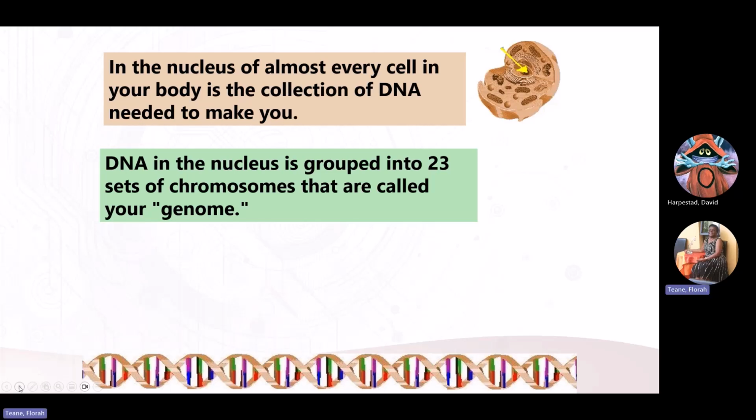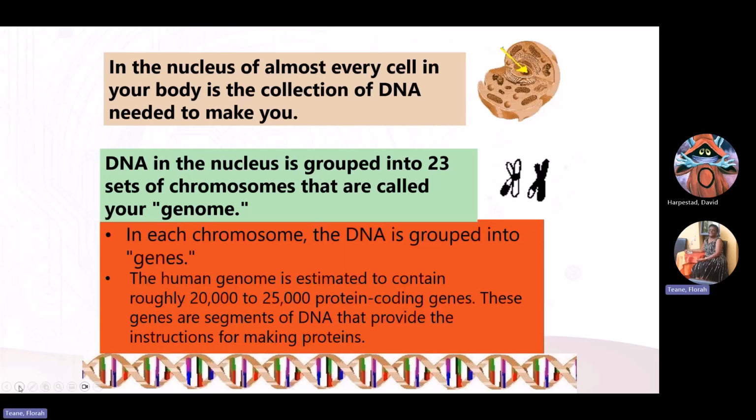All in all, there are 46. But always, these chromosomes are found in pairs. Why? Because we have a donation of 23 from our mother, another 23 from our father. So they are found in pairs as indicated in this slide on your right-hand side.